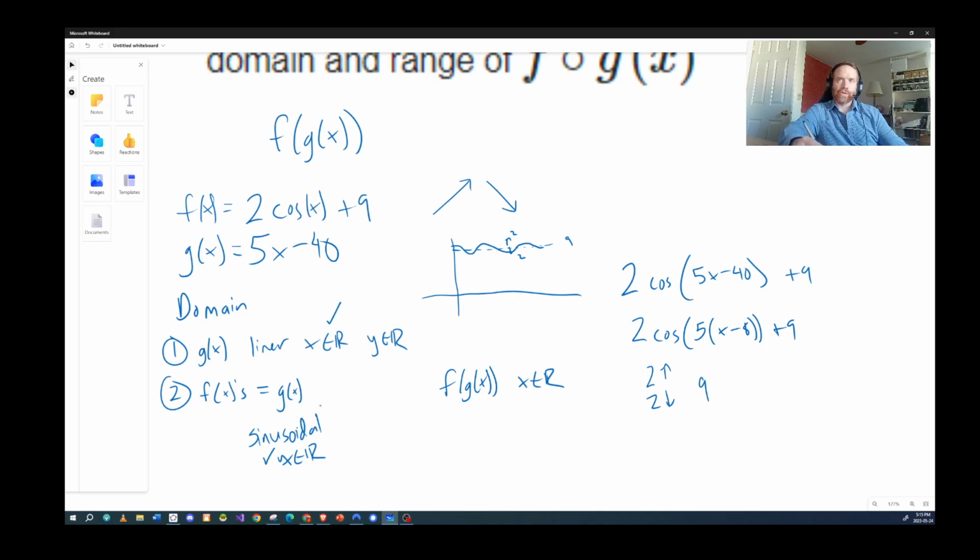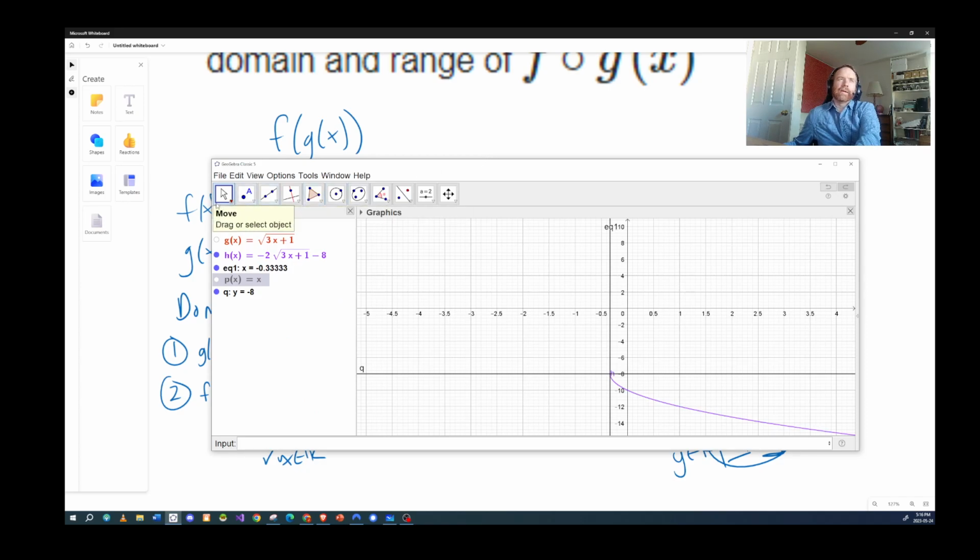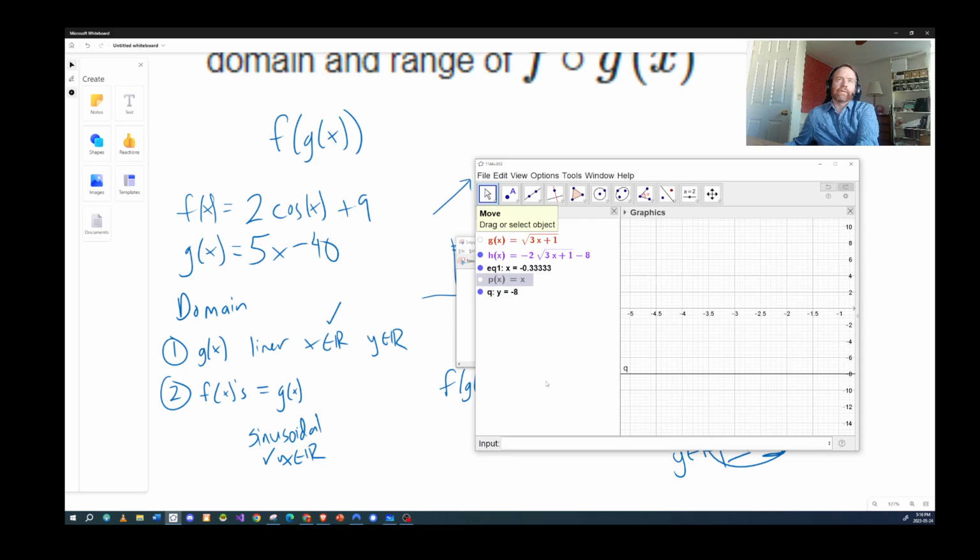So this function should be able to go anywhere from 7 up until 11. That would be my guess for its range: y is any real number between 7 and 11, including 7 and 11. So let's look at this one, and let's see if there's anything left to talk about.